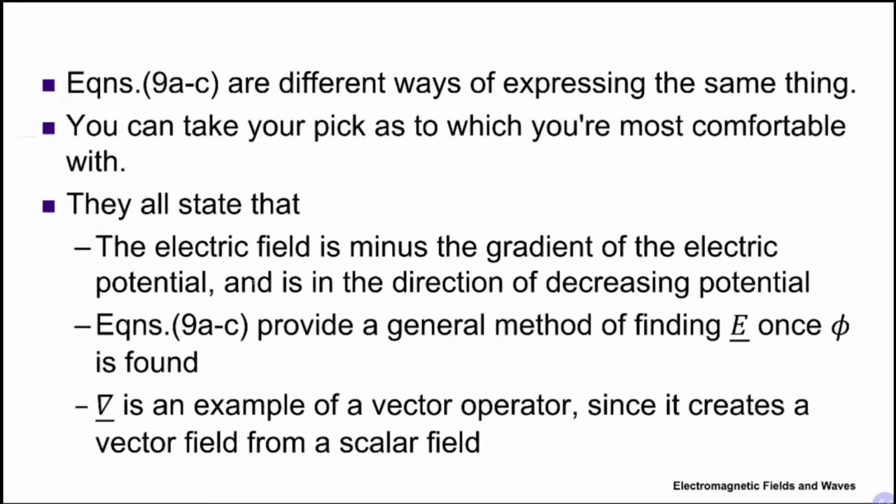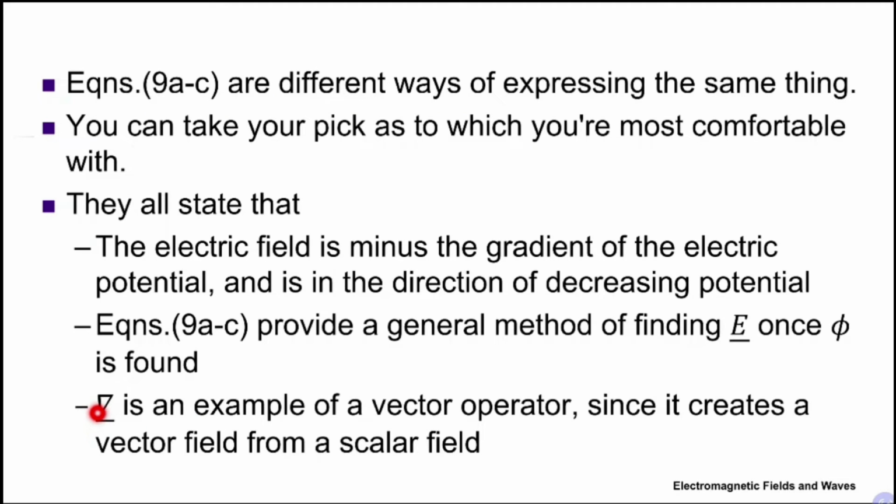They all state that the electric field is minus the gradient of the electric potential and is in the direction of decreasing potential. Here we take the gradient of the electric potential.